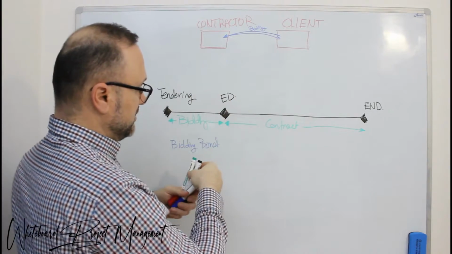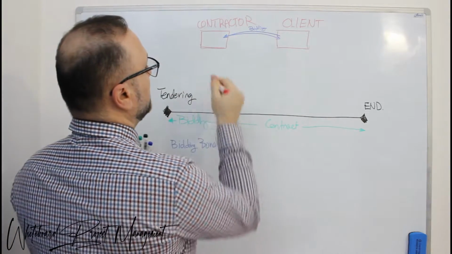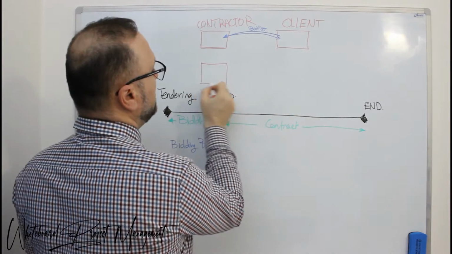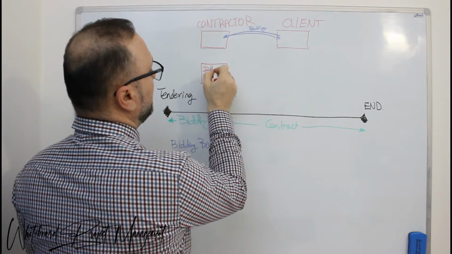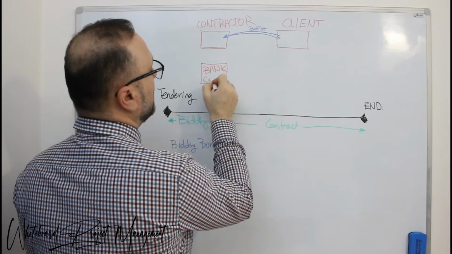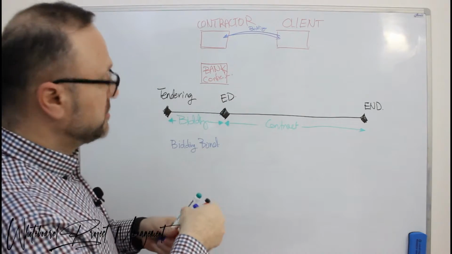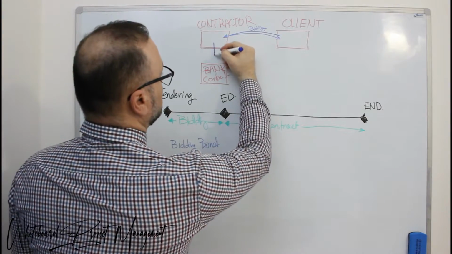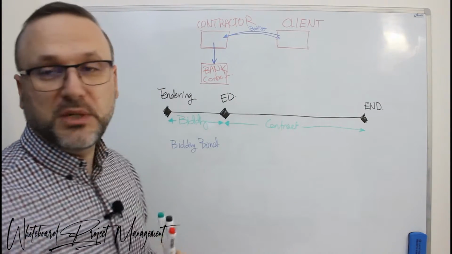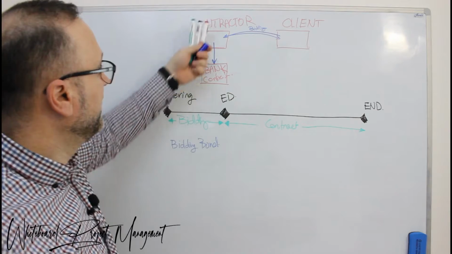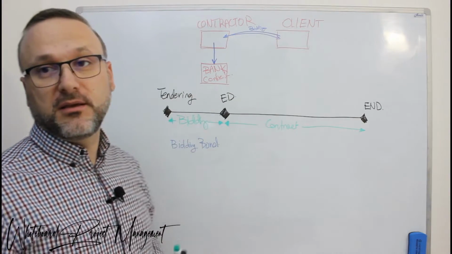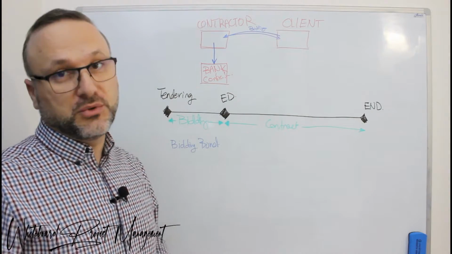The contractor contacts his bank. I will mention contractor bank. Okay, so he is requesting his bank to issue him a bidding bond.